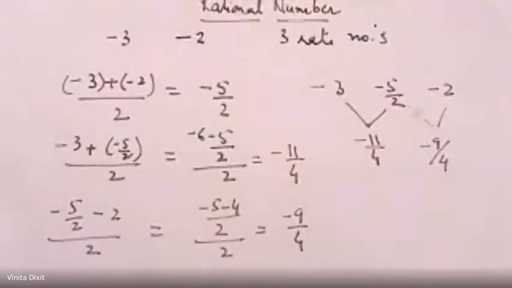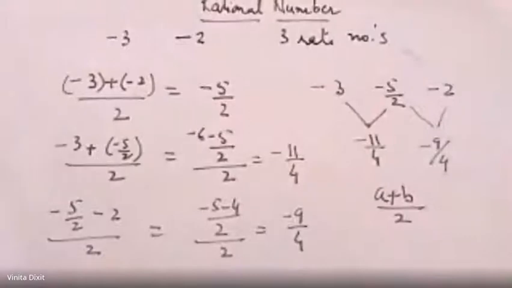How do we insert? We add the two rational numbers and divide it by 2. This is the formula. We add the two rational numbers and divide it by 2 and keep inserting the numbers in between. So this was, children, a real idea, the gist of the chapter.